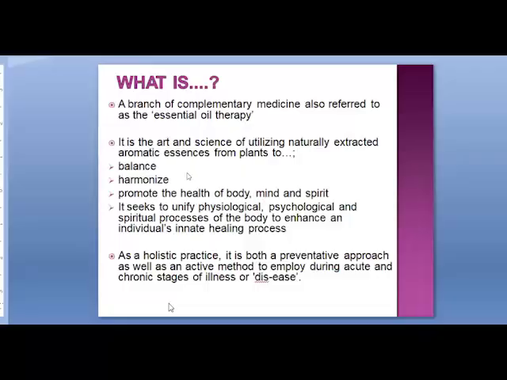And because the body is not at ease, a disease ensues or develops as a result of that imbalance or disharmony between the body system and the metabolic activities. So you will see that most of these alternative and complementary medicine have more or less the same philosophy to tackling or managing illnesses.